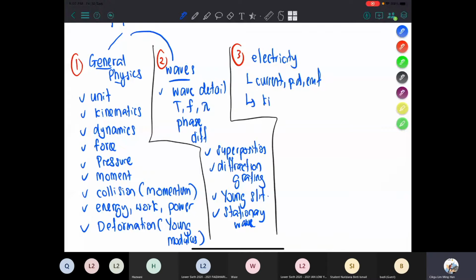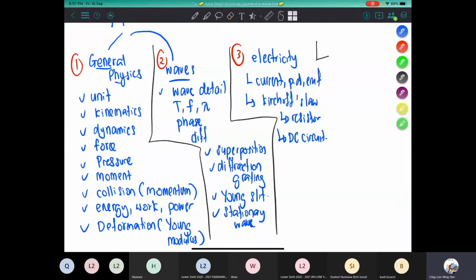We also study resistors and so on, and the basic DC circuit.